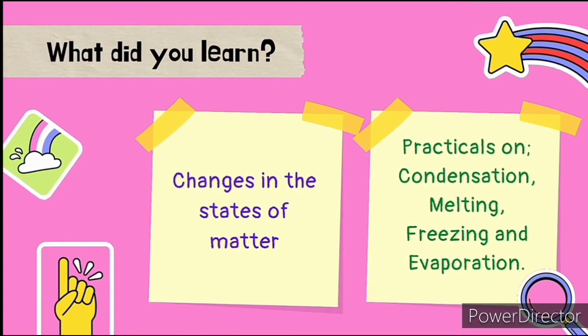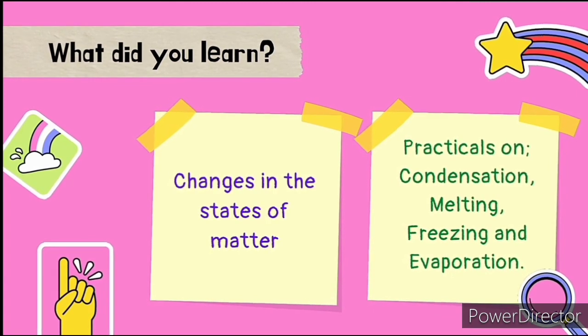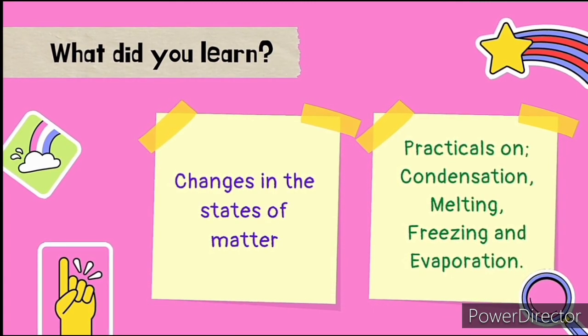Okay, so I know you've learned a lot. So quickly we'll do a summary on everything you've learned so far. So we talked about changes in the states of matter, where you watch solid change to liquid, liquid change to gas, and so on. Then we went on to carry out practicals on condensation, on melting, on freezing, and on evaporation. Remember, evaporation is from liquid to gas, where we saw water boiling and turned into a steam.